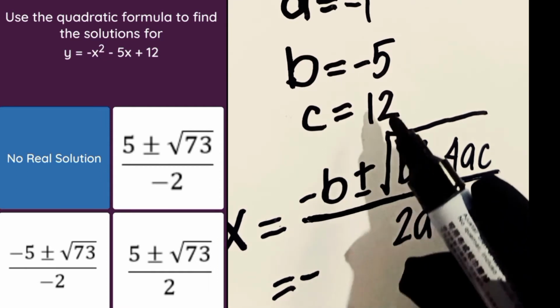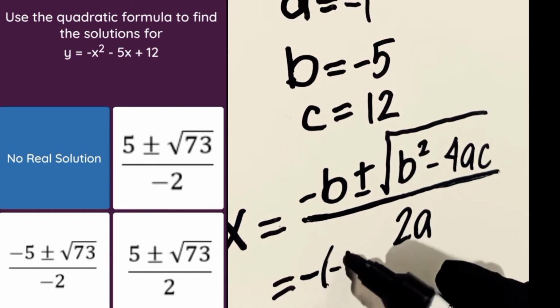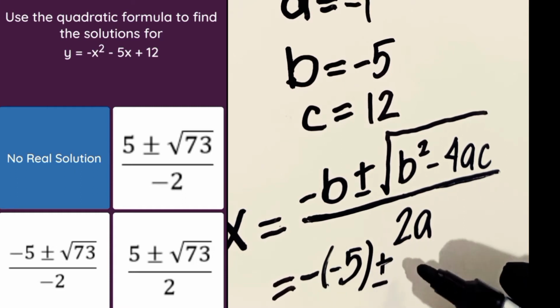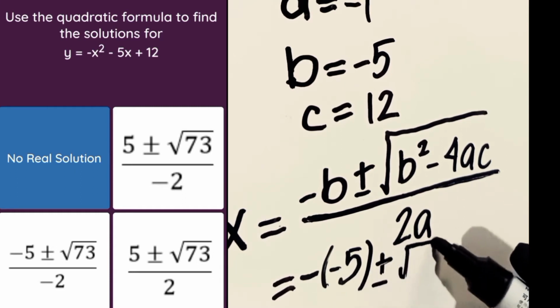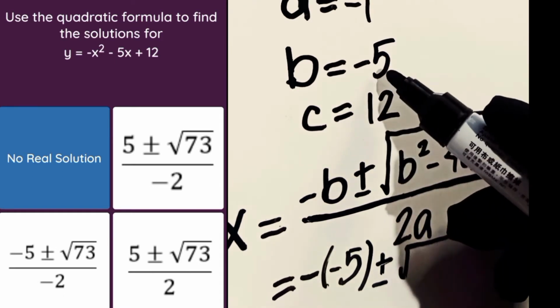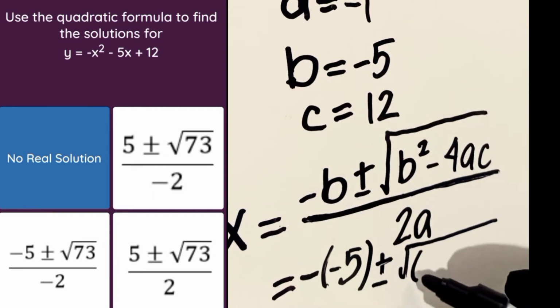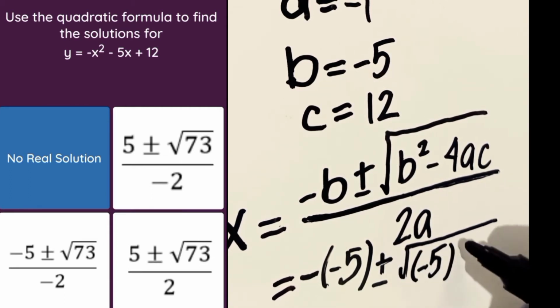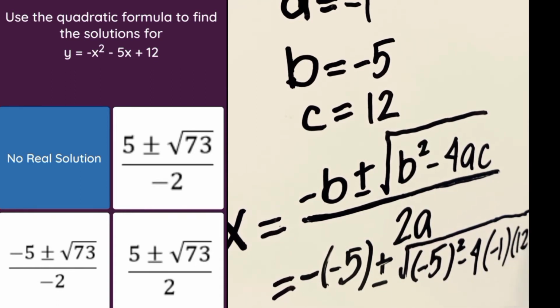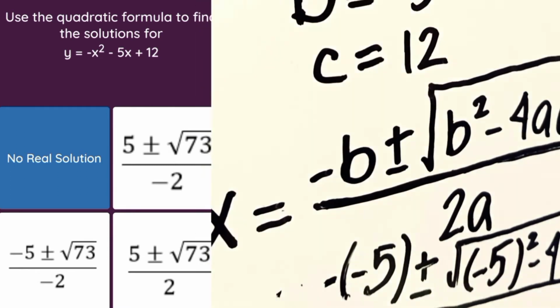We have -b, which is -5, then plus or minus the square root of b squared minus 4ac. b is equal to -5, so we have (-5) squared minus 4 times a, which is -1, so we write -1, and then c is equal to 12, so times 12, and those are in parentheses.